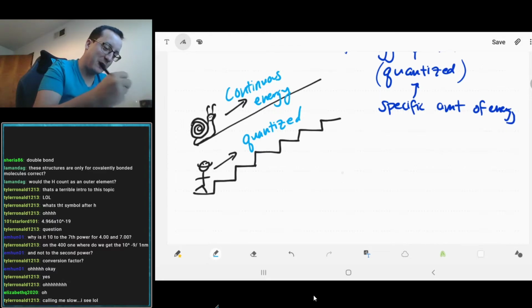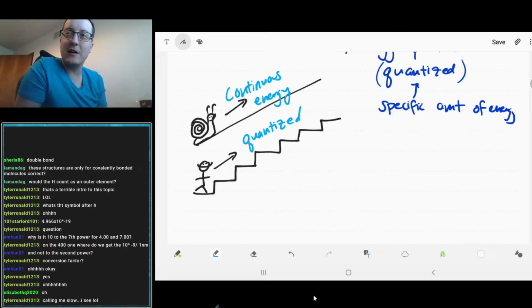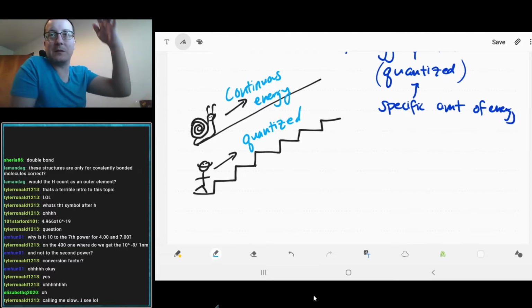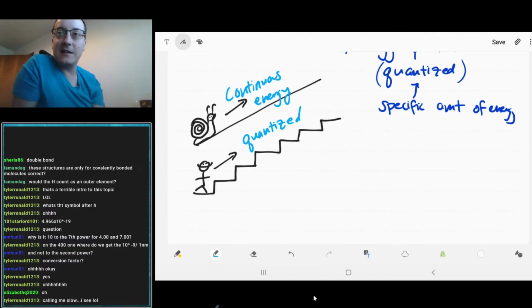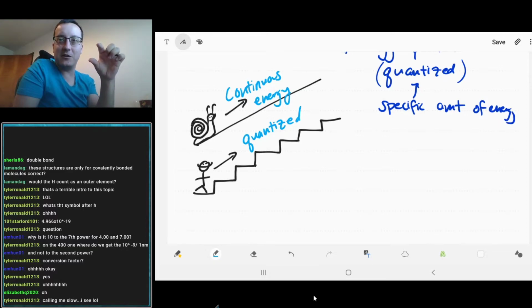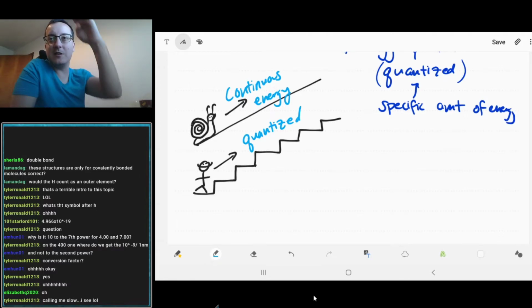So if Elizabeth were to fall off the end of the staircase here, she would have more energy if she's at the top. And so we're going to see that Tyler is going to get energy continuously as he oozes up the slope, whereas Elizabeth is going to get energy in a quantized manner by each step she takes. So if she goes up one stair, that's a certain amount of energy she's gotten. She goes up the next stair, that's another energy unit chunk she's gotten. Whereas Tyler is just oozing up continuously.